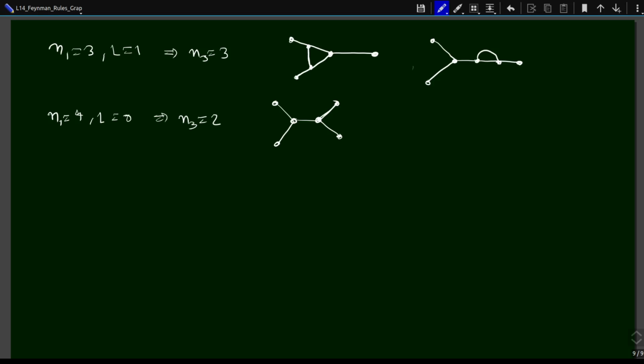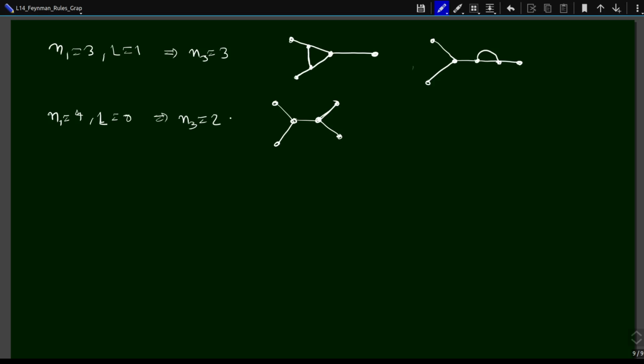It can be 2 fermions going to 2 scalars, or 2 scalars going to 2 fermions, like that. So here the computational complexity, which is decided by the number of loops, is practically 0, but it is second order in the Hamiltonian. So we can see that there are terms which are second order in the Hamiltonian, but computational complexity is 0 if the number of legs is higher.